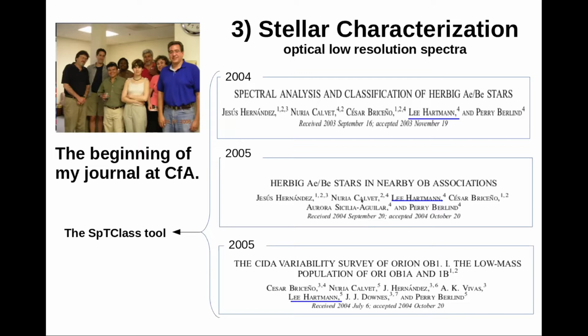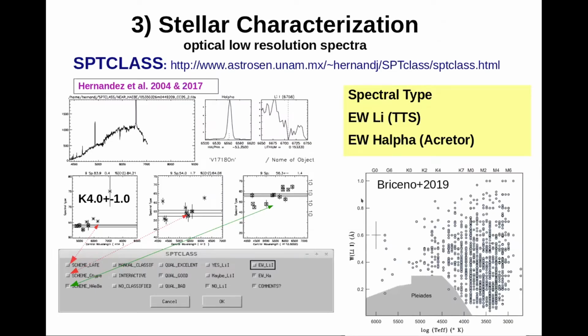We use this tool to analyze the low resolution spectra and obtain spectral types, measurements of lithium to confirm youth, and measurements of H alpha to estimate the accretion status of the stars. For example, in this plot, we can see the equivalent width of lithium versus effective temperature, given the spectral types, for the Orion OB1 association, and we have here a comparison with the Pleiades.